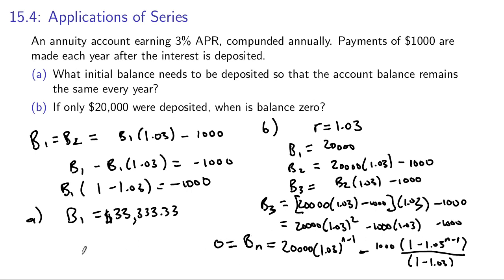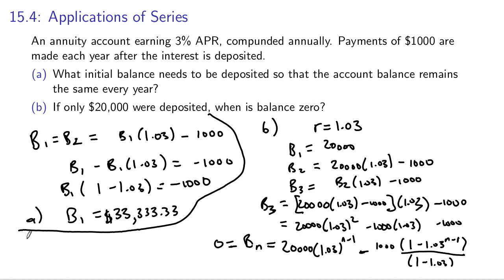We'd have 20,000. If we imagine this equals 0, we can subtract 20,000 times 1.03 to the n minus 1 onto the left side of the equation. And then we can divide the 1,000 on both sides.